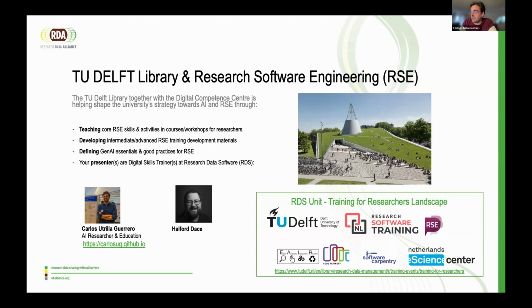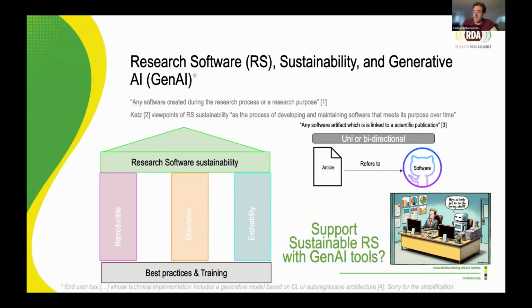On the right side of the slide, you can see some logos that might be familiar to you, as they are also part of the big idea of research software practices and the material about what the practices are. A little bit of terminology here: we are trying to define research software, sustainability, and generative AI. We define research software as any software or artifact that has been created during the process of research or for research purposes.